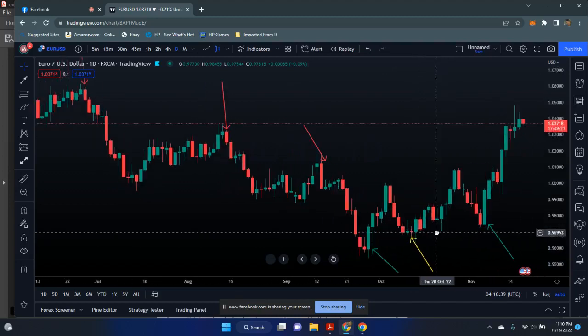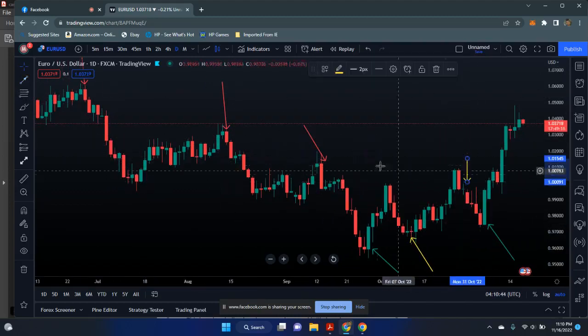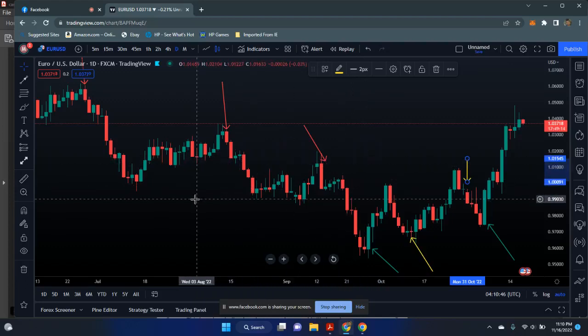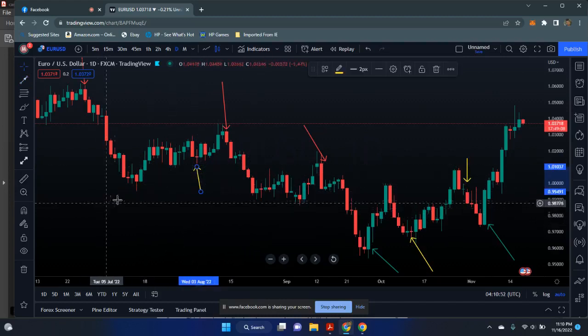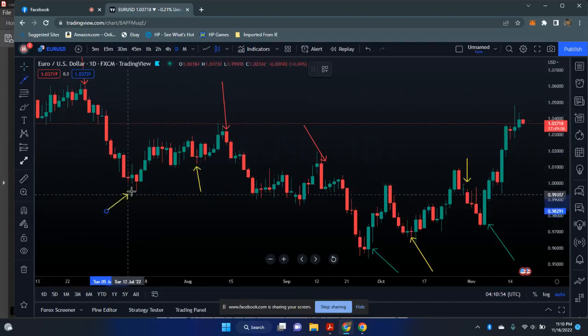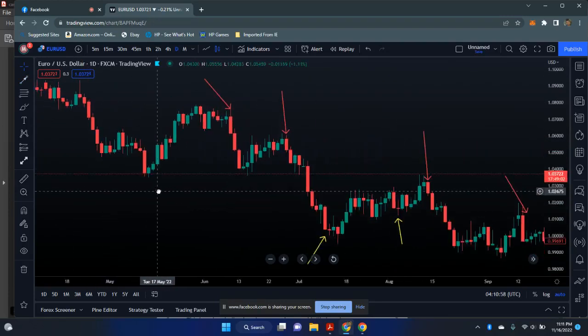Let's see if we can find more. Here's one. It's a green candle. And don't worry about the candle colors. Just worry about what it is showing us. Here's another doji. And you'll see these dojis a lot because it's one of the most powerful, right?